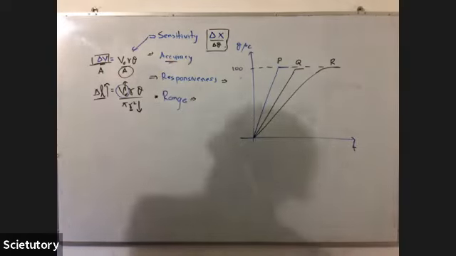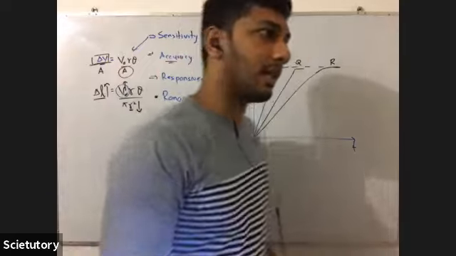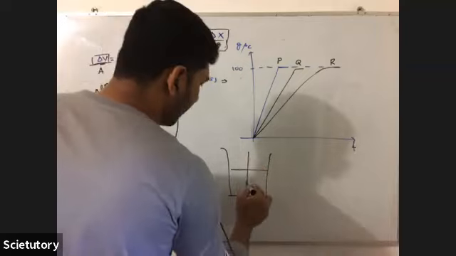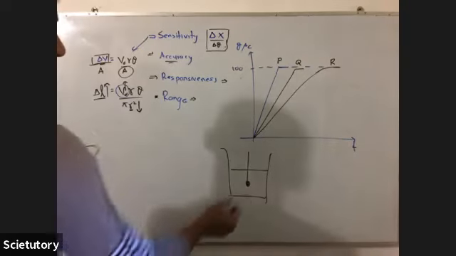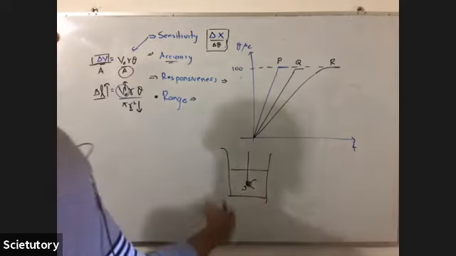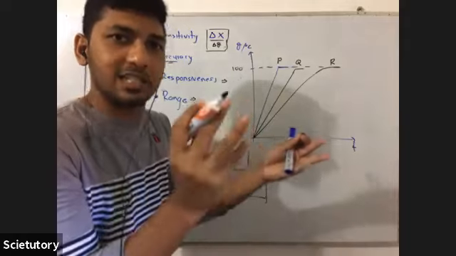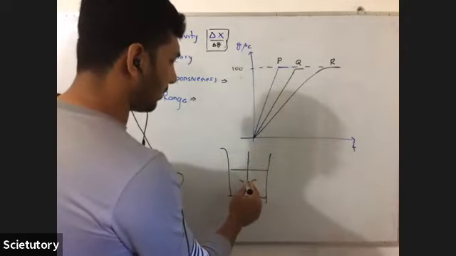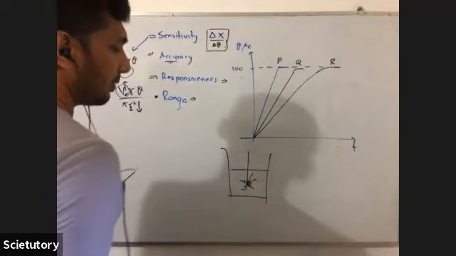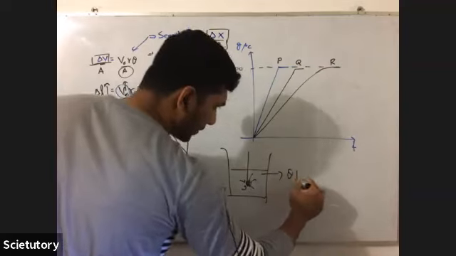What about accuracy? Accuracy is about how correctly. So what happens is usually if you place a thermometer inside a liquid, the liquid should give some amount of heat to this thermometer for the mercury and the glass to somewhat expand. No? So that amount of heat is sometimes significant. So when they give significant amount of heat to this thermometer, the temperature of this liquid falls.